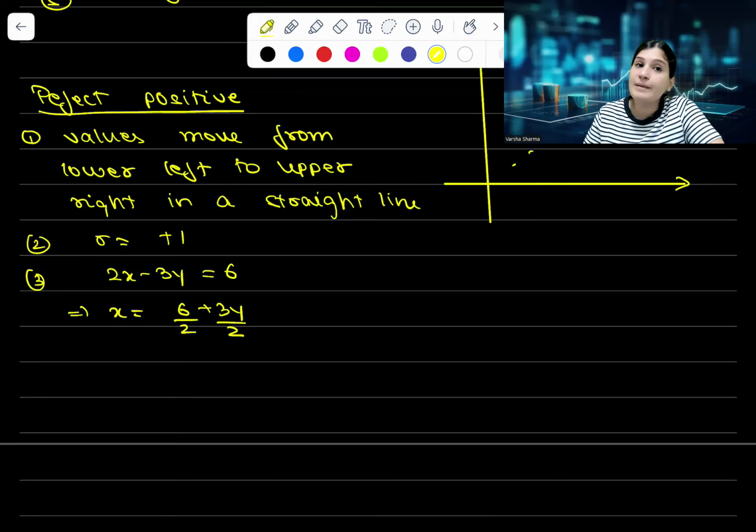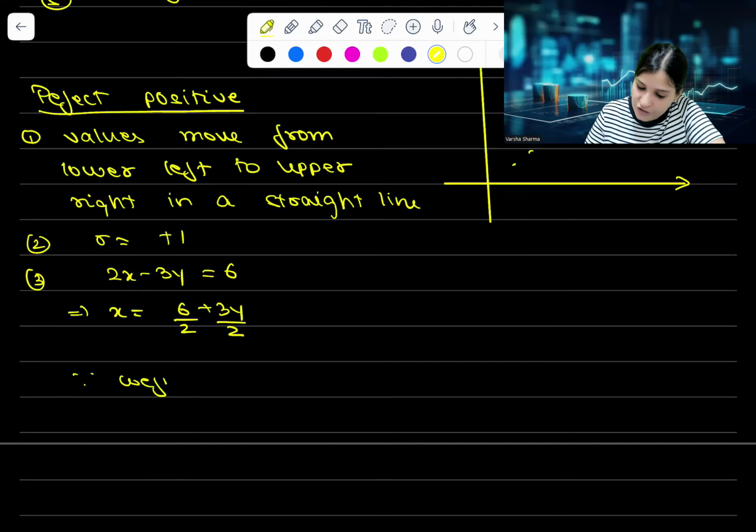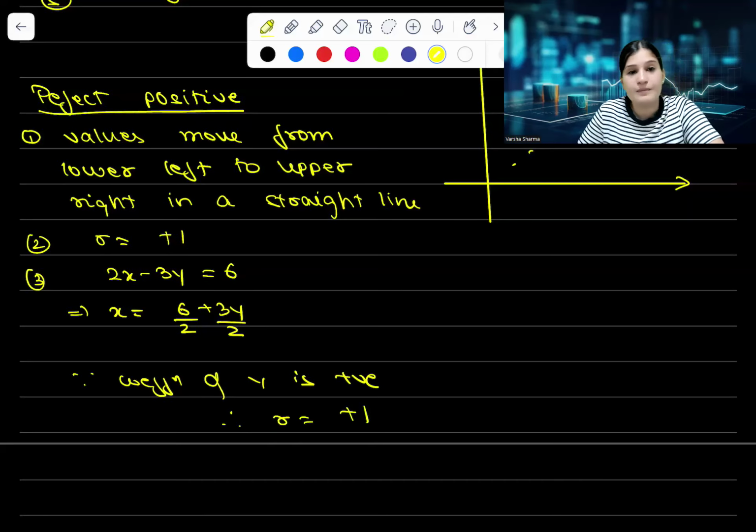So it will be either perfect positive or perfect negative, depending upon whether the coefficient of the variable is positive or negative. Since the coefficient of y is positive, R will be plus 1. Understood?